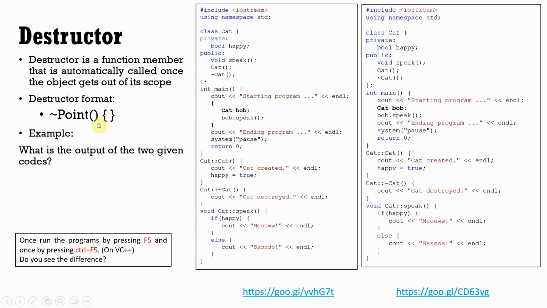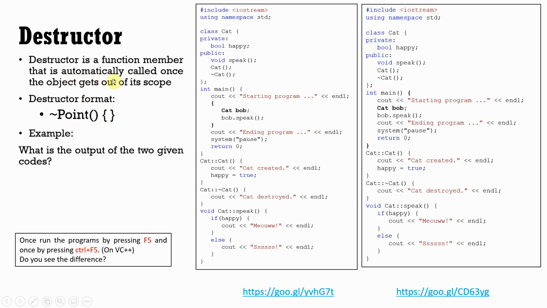For constructors, we can have multiple: one default constructor, multiple non-default constructors, a copy constructor. But for the destructor, we only have one of them. It's called automatically when the object goes out of scope. This part is very important: automatically.